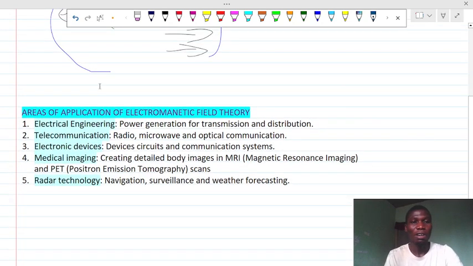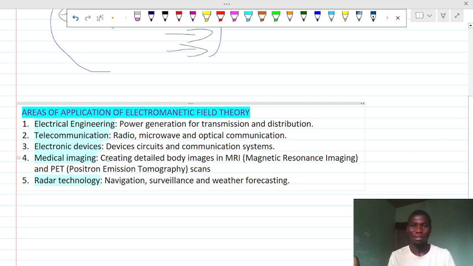Areas of application include electrical engineering, which is obvious, telecommunication, electronic devices, medical imaging, and radar technology. In electrical engineering, this field theory plays a vital role in power generation, transmission, and distribution.